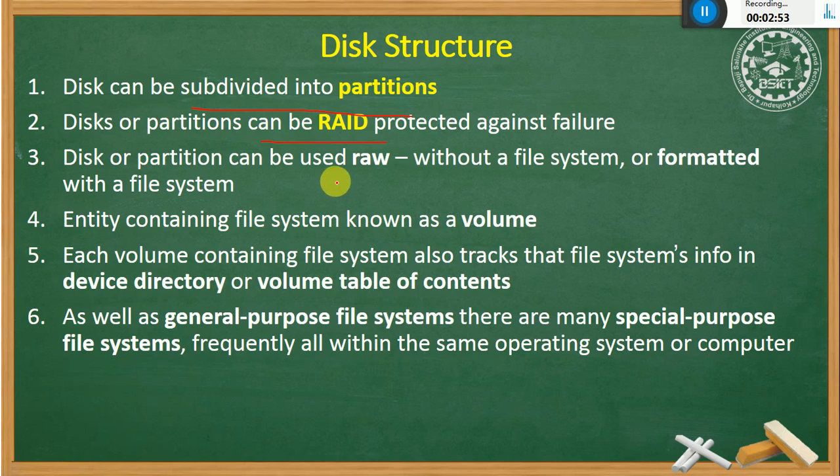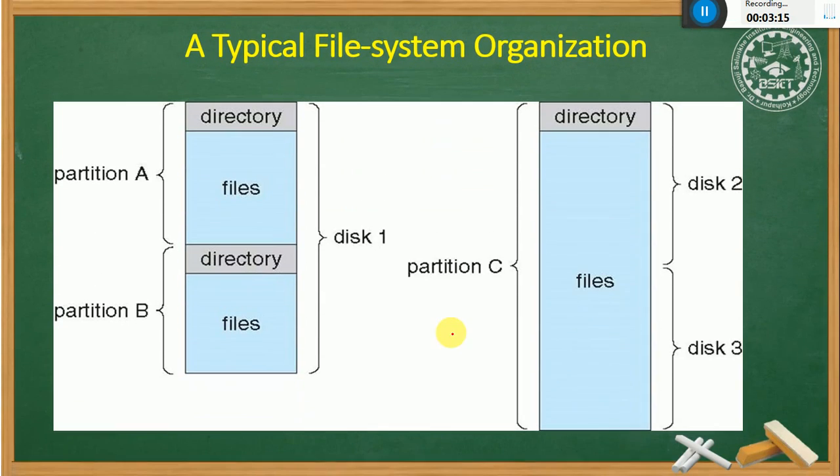Generally the file system is mounted on a hard disk. Using the file system, we can easily access a specific file or specific data from the disk. Generally, the file system works as an index table to access the data. So this is a diagram which describes the overall file system organization.